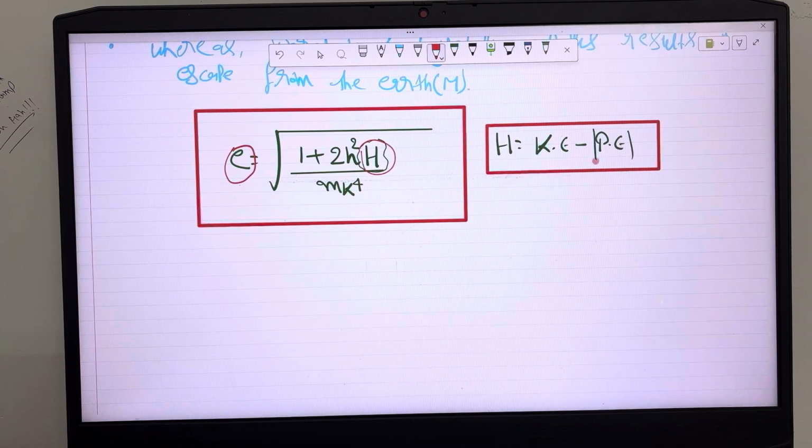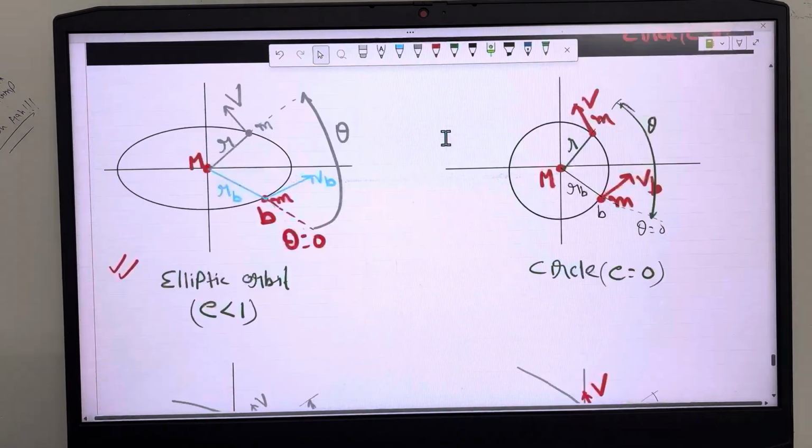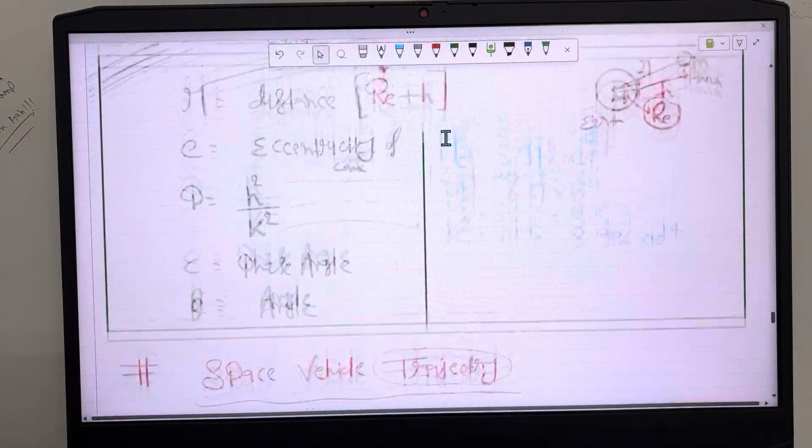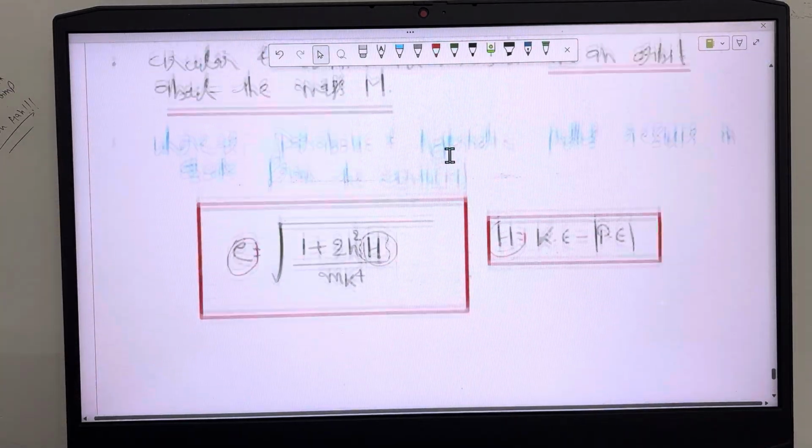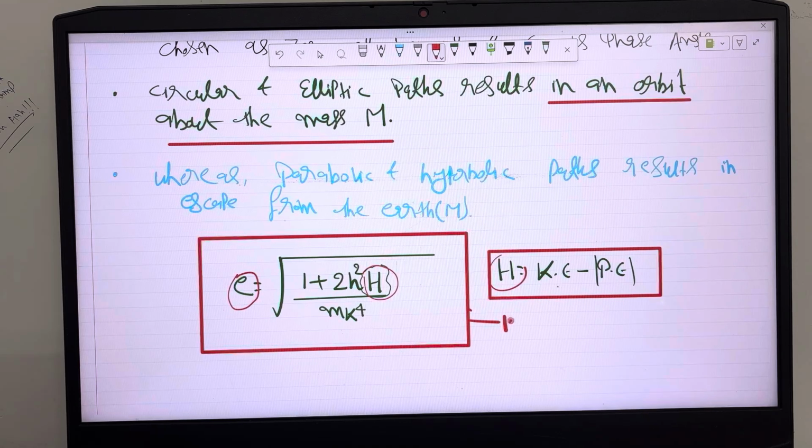If the potential energy is greater, h will be less, then the eccentricity will be less than 1 or something, we'll see now. So this h will be kinetic energy minus potential energy. This is your equation number 11.